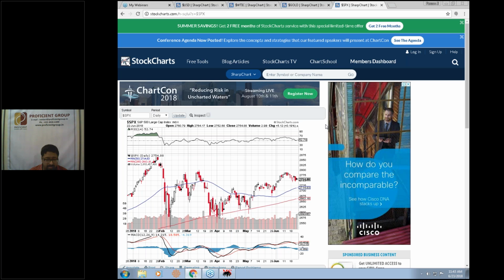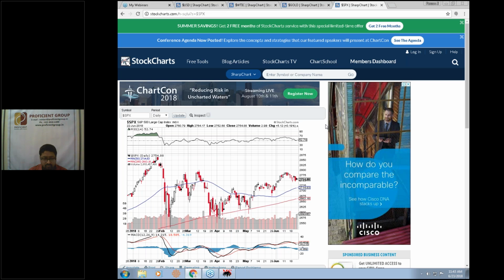However, the 200 DMA is anyway surviving, and it has provided a lot of support in the weakness of April and in the weakness of May. So the 200-day moving average has not been broken as yet. So there is no point in making any bearish opinion.